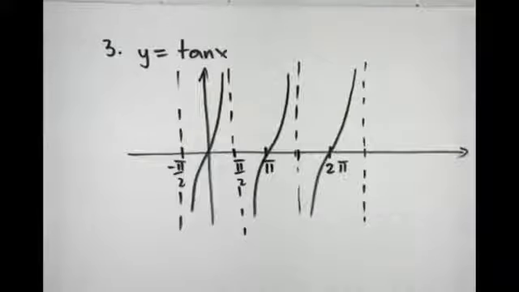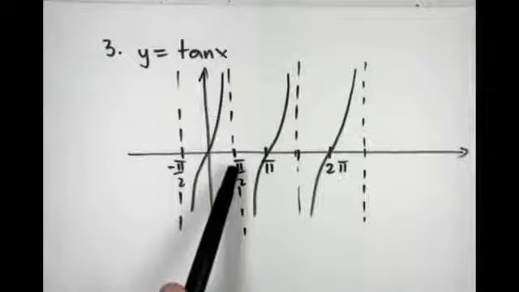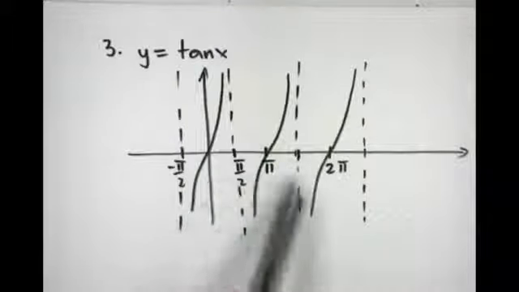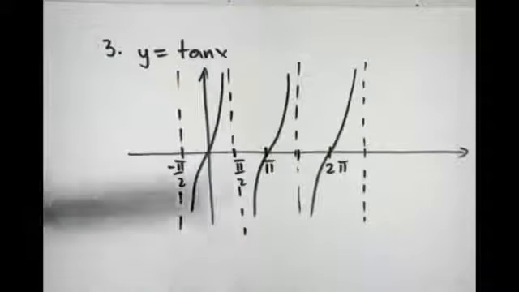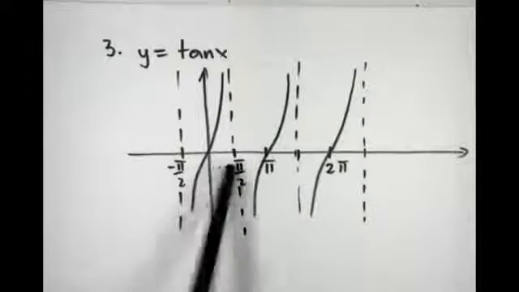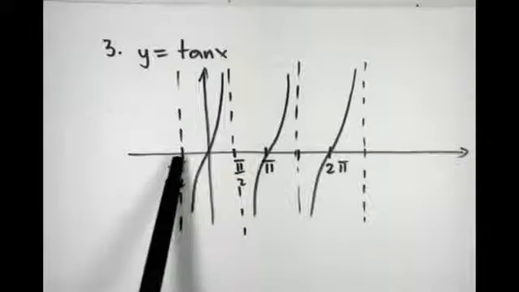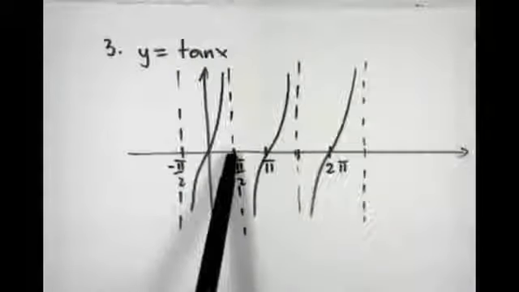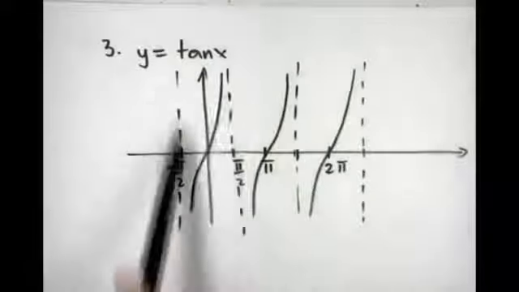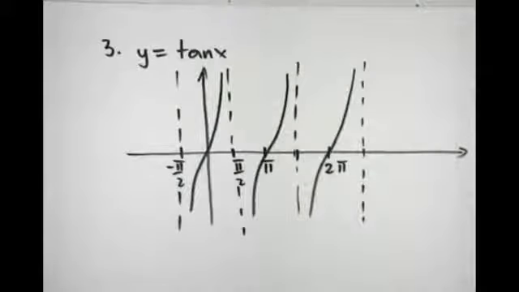Okay, so domain is all real numbers except the asymptotes, except half pi, 3 half pi, and so on. And range is all real numbers. And period for tangent is nothing else but pi, because we have half pi, and half pi gives me whole pi. Period is the length that you take one part and keep repeating, you get the rest of the graph.